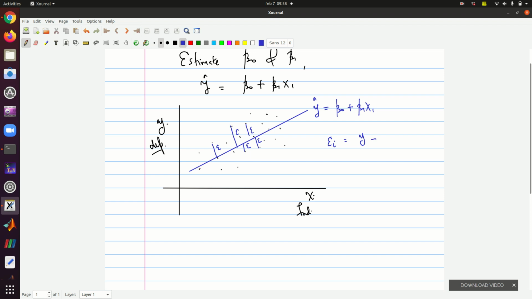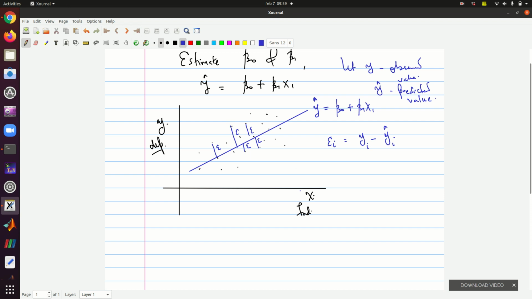Here y is the observed value, and y hat is the predicted value.